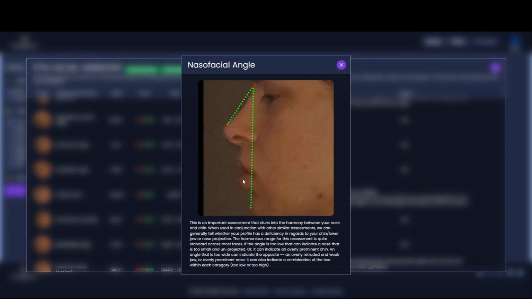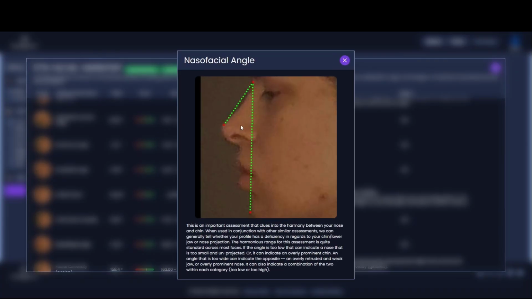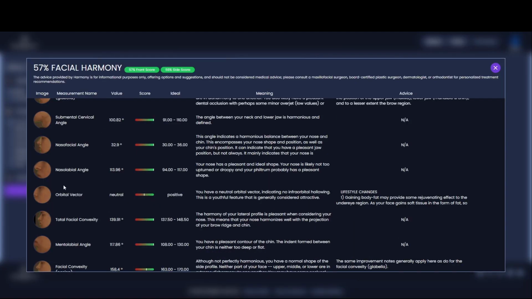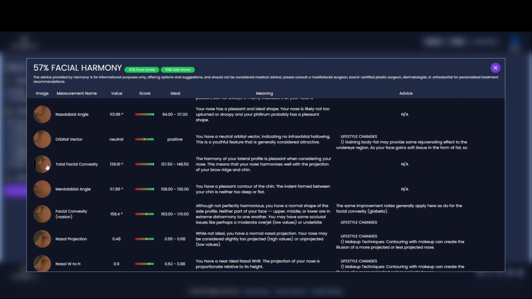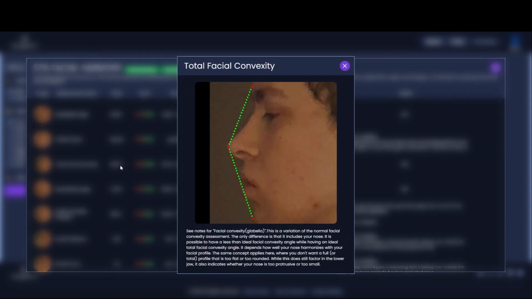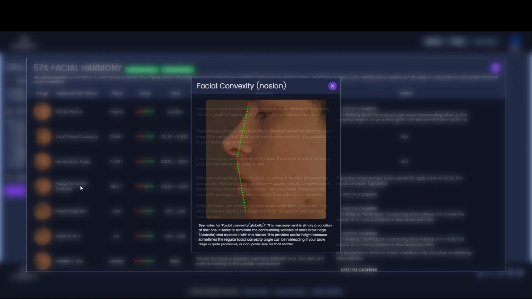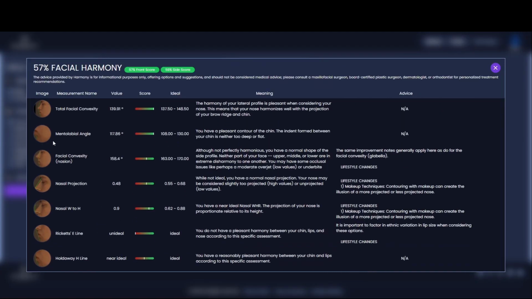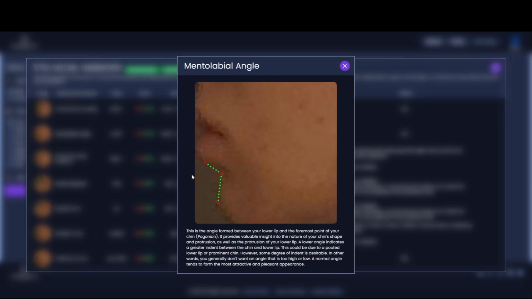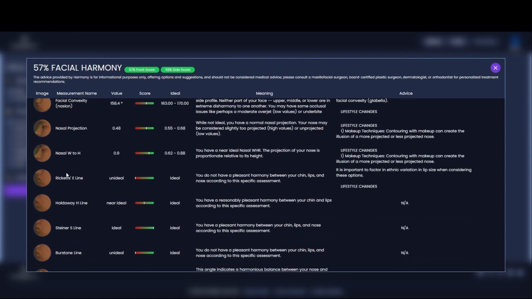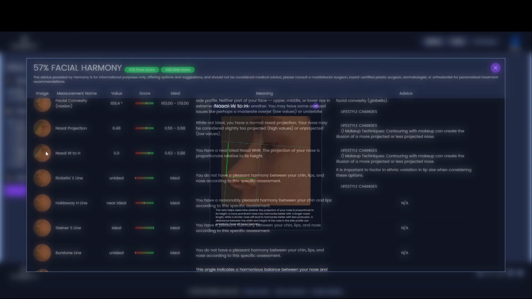So beyond that, his nose isn't that large. It does harmonize well with his face. And the same for the total facial convexity, so that's fortunate. He doesn't have an overly large nose. This angle is also good, although most of the protrusion is coming from his lower lip, so his lips are probably more protrusive than ideal.